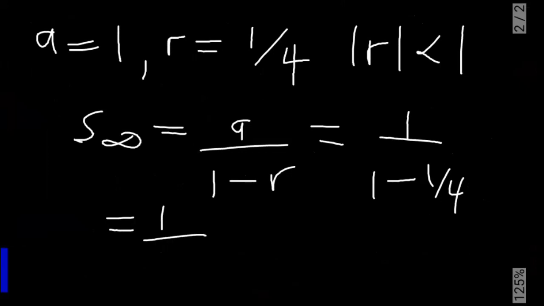This is 3 over 4. One over 4 divided by 3 over 4 is 1 over 3. This is the sum to infinity of that sequence.